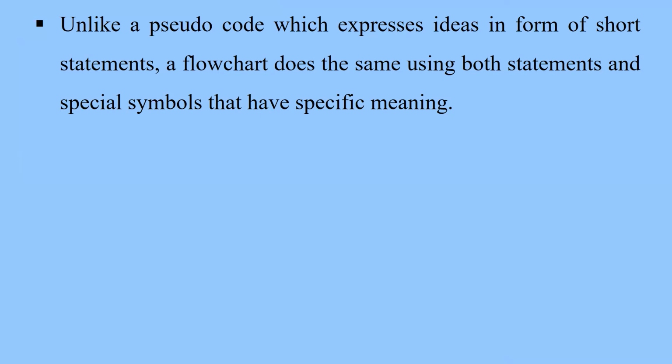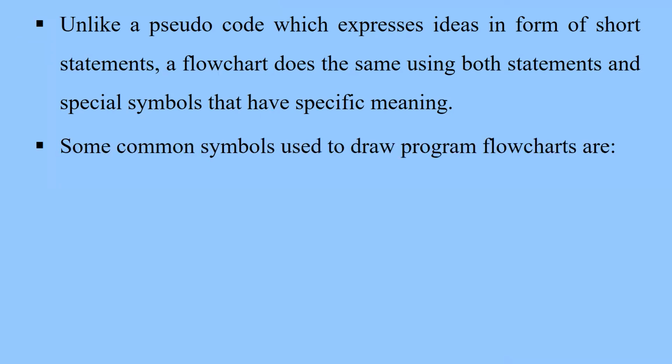So in other words, whereas in pseudocode we just use short statements written in English-like form, for a flowchart we combine those short statements, but we also include a symbol that illustrates the kind of operation that is being carried out. Some common symbols that are used to draw a program flowchart: number one, we have this symbol.